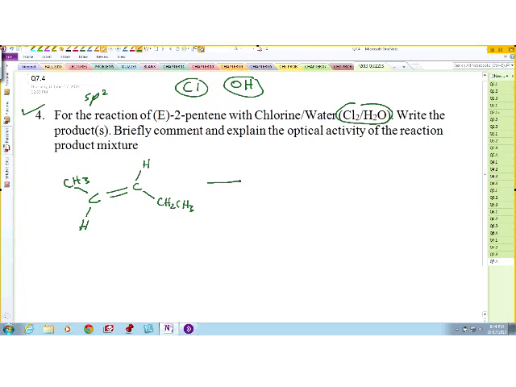So what do we have? Chlorine comes here, and the methyl is pushed down, going away from you, and the hydrogen also pushed down, going away from you.